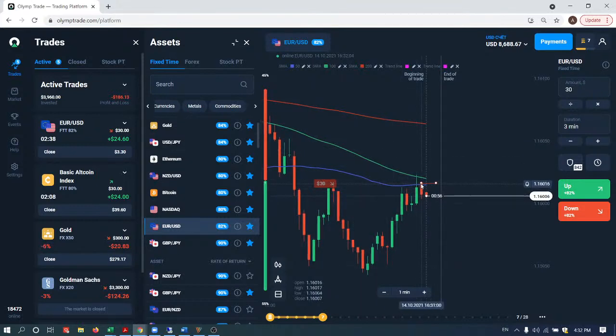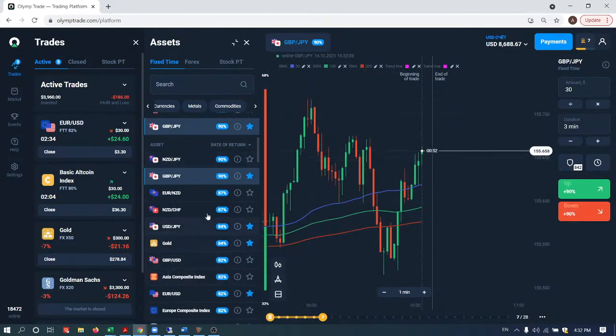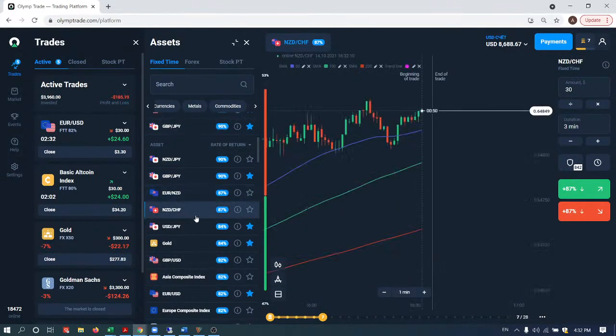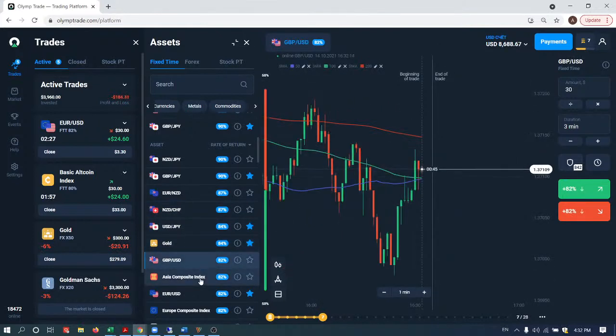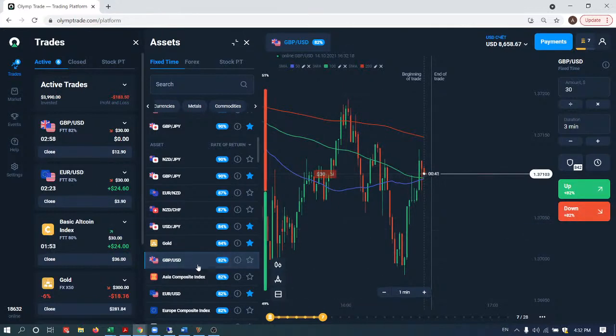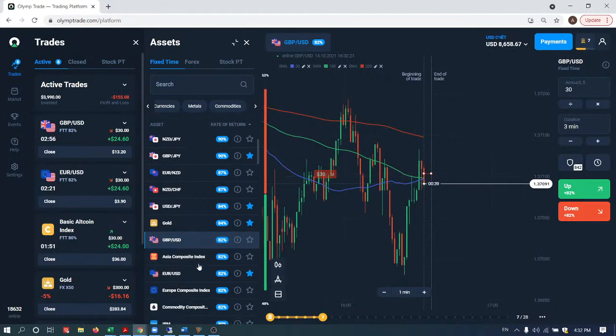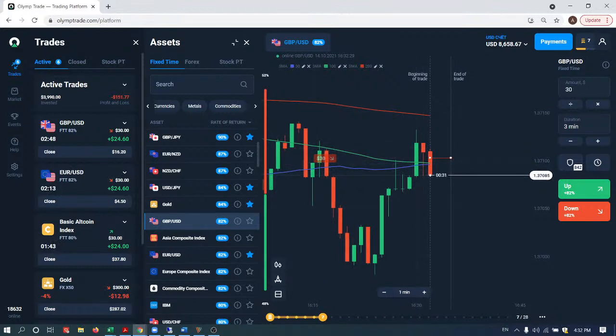So the Euro USD downwards. GBP USD. All right, let's also place a trade downwards. So we have this intersection of the two simple moving averages in this strategy, and yeah, so GBP USD, that's a good one.